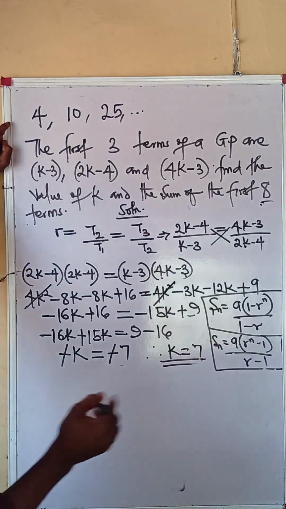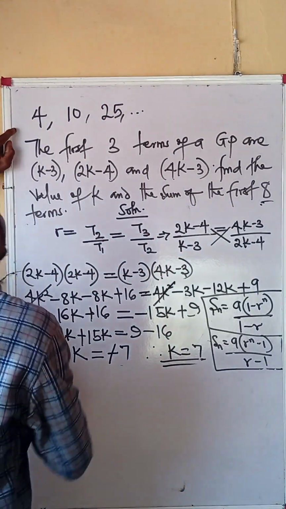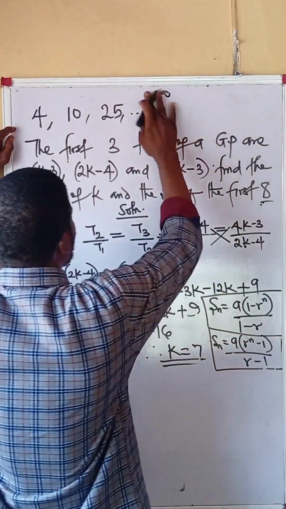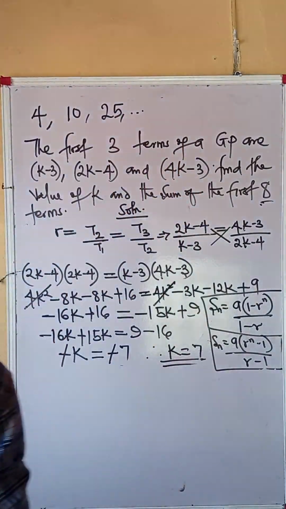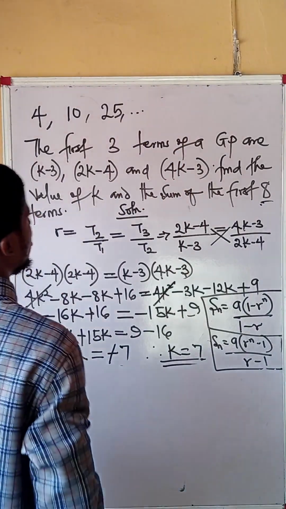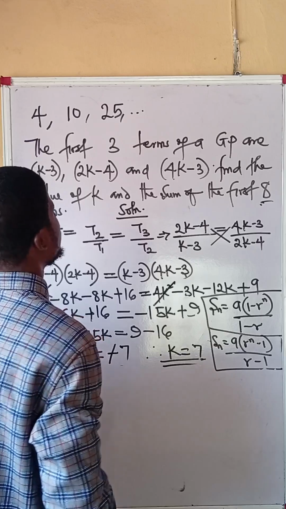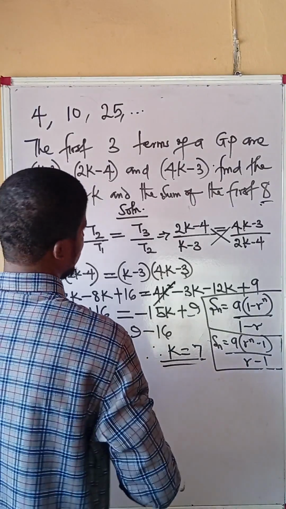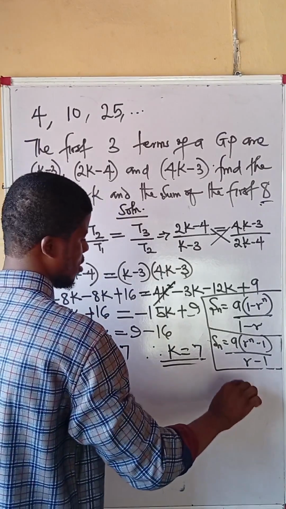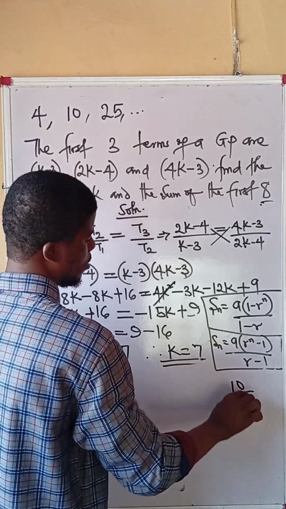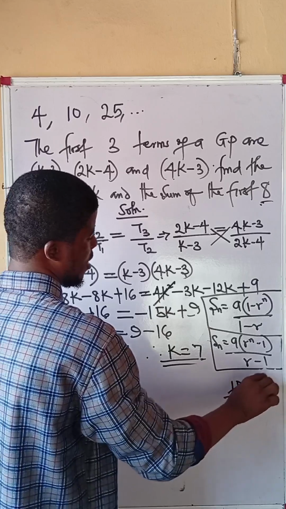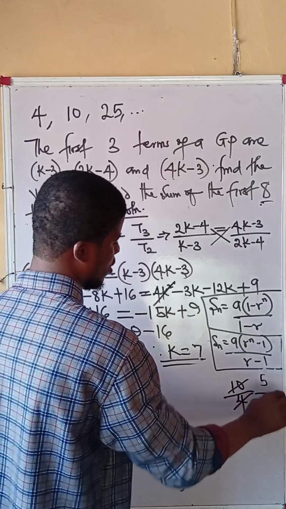So the common ratio is the second term divided by the first term. The second term is 10 and the first term is 4. 2 here is 5 and 2 here is 2, so 5 over 2.